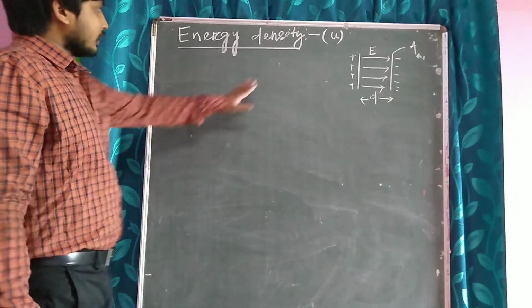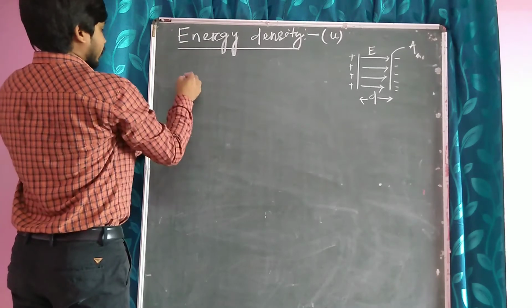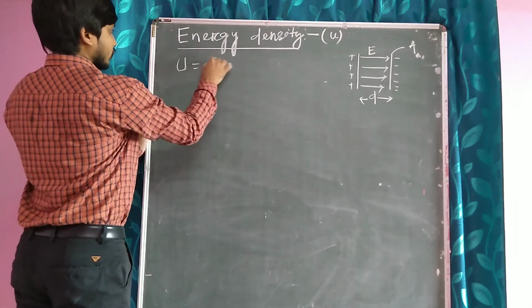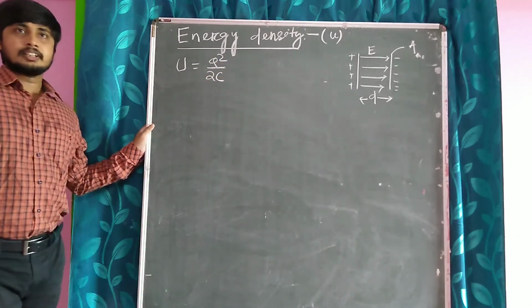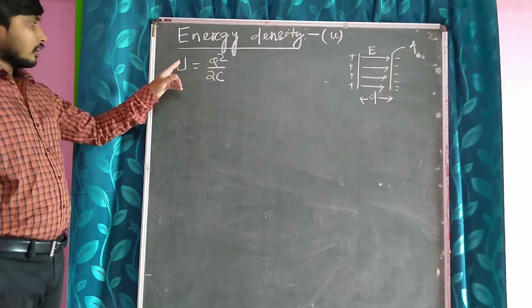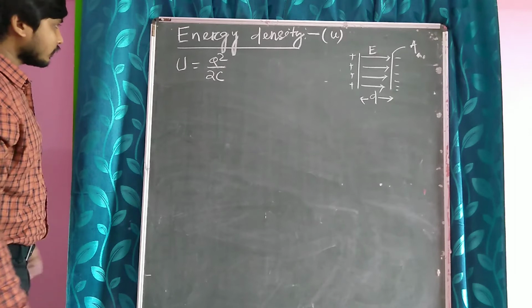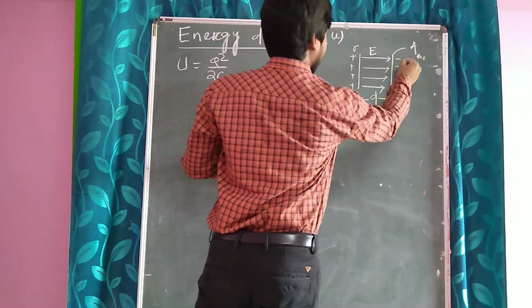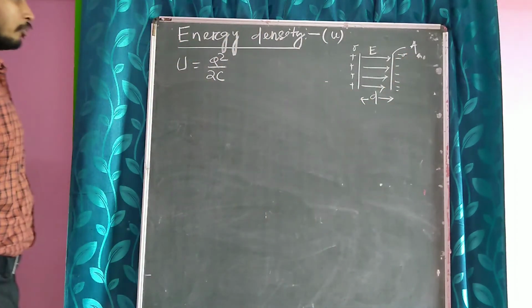So we will start from the expression of the energy. We have our energy U equal to Q square by 2C. Is it clear? And again we know that here, let plus sigma and minus sigma be the surface charge density of the plates.